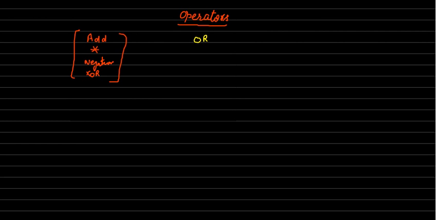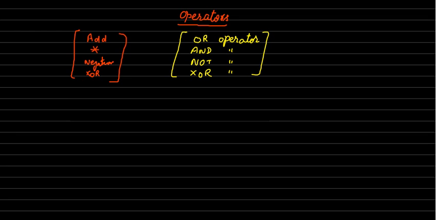The second one is the AND operator. The third one is the NOT operator. And finally the fourth one is the XOR operator. This is why I have decided to teach this again, because we have not studied the XOR operator.